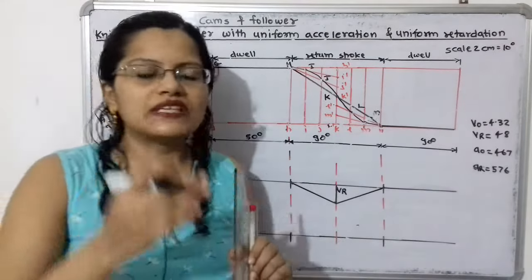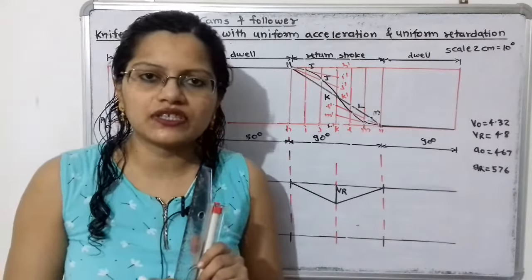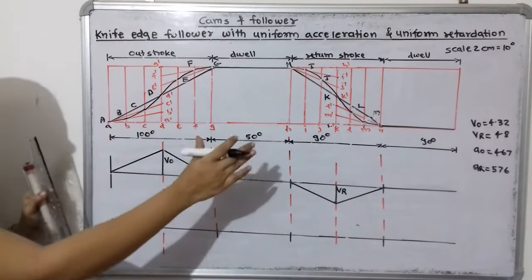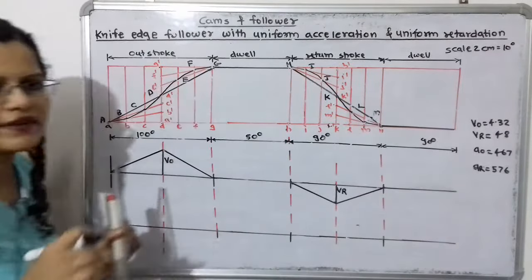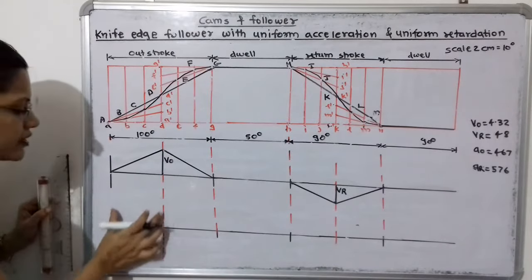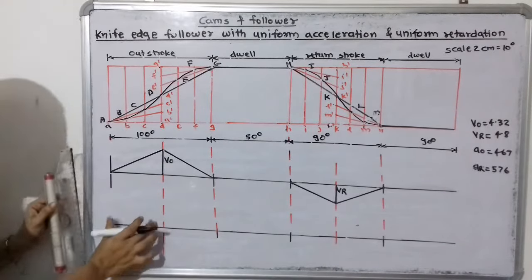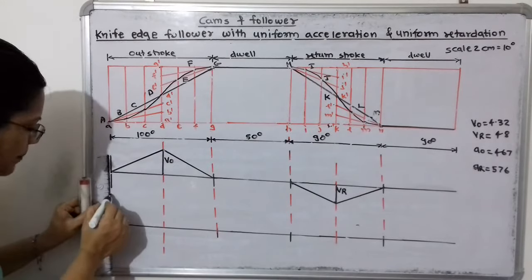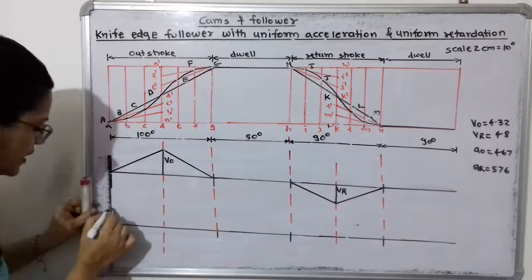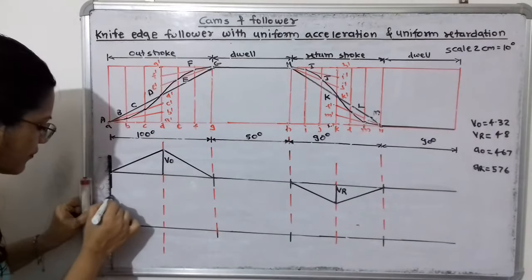Now related to this we will move to the acceleration diagram. So the maximum acceleration during the outstroke is 467 meter per second square. If we observe again, it is achieved during this first half. Because there is uniform acceleration, we can say that it is achieved during the first half.